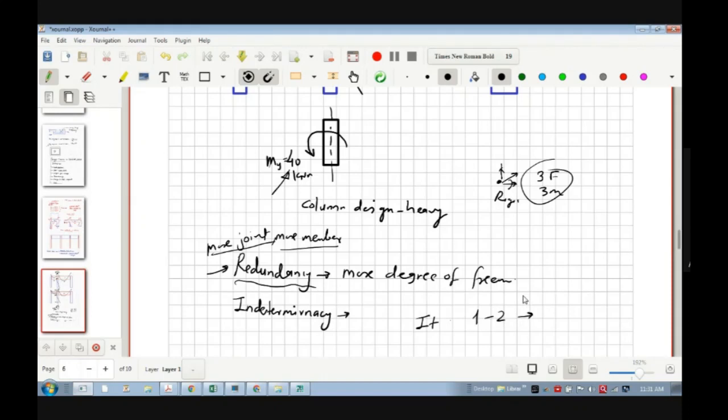And other people means other joints, other members, they are sharing. ये दोनों का जो लोड है वो ट्रांसफर हो जाएगा अलग अलग जगह, and then that will take care, and overall the redundancy will take care of the collapse, matlab it will prevent the collapse, we can say. So that is the case.